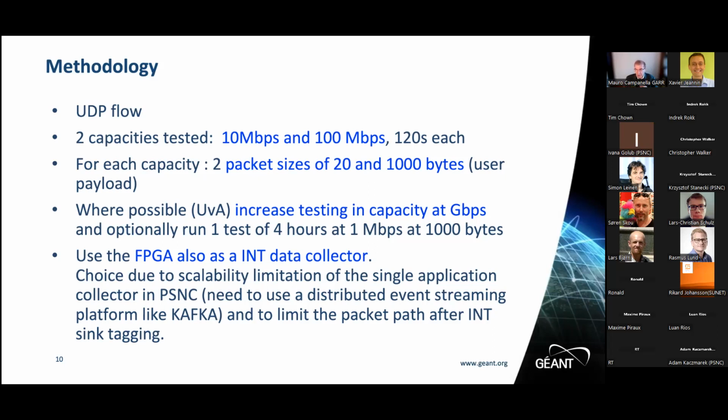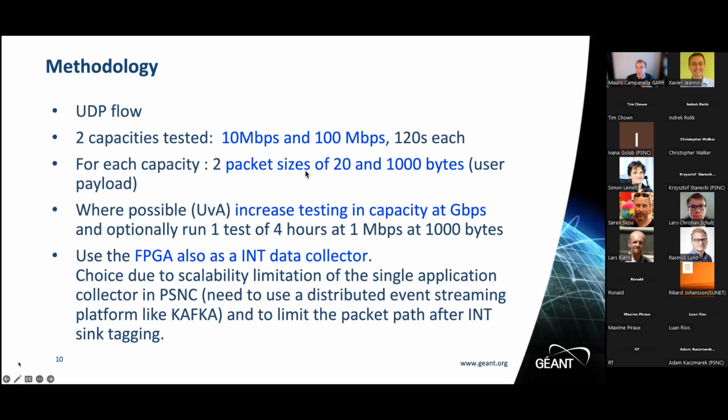In Italy and in Greece the sites are connected at 1 or just multiple 10 gigabit, so it's best not to use a lot of capacity and disturb other users. We didn't want to act as DDoS emulators. But we wanted to check these two capacities with a minimum flow length of 120 seconds, so two minutes essentially, to avoid any start and close effect.